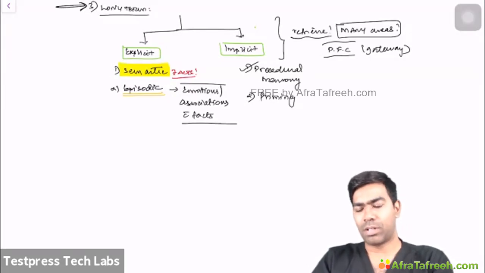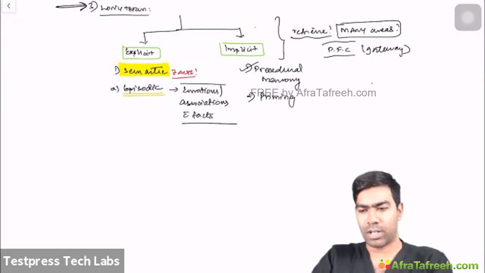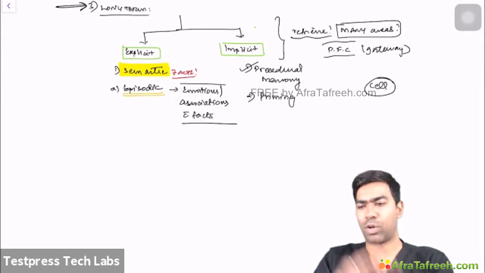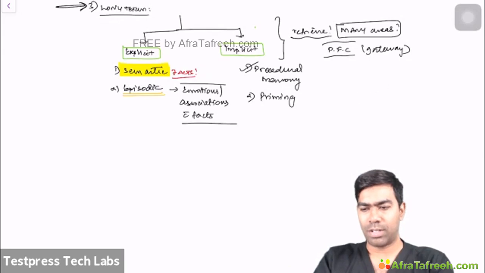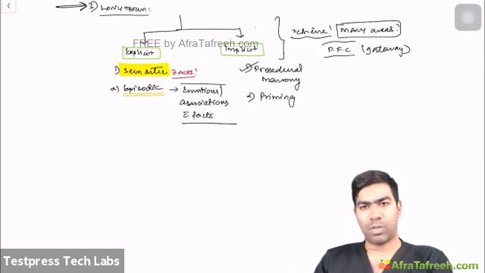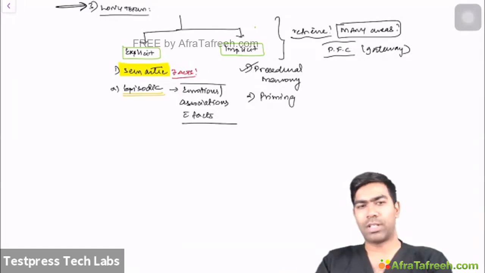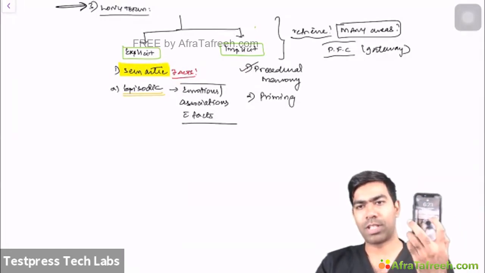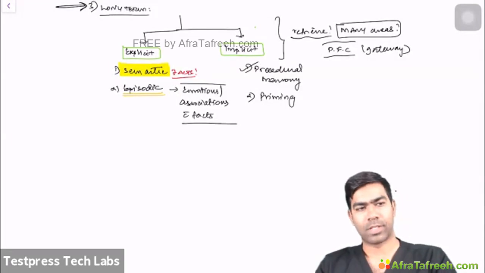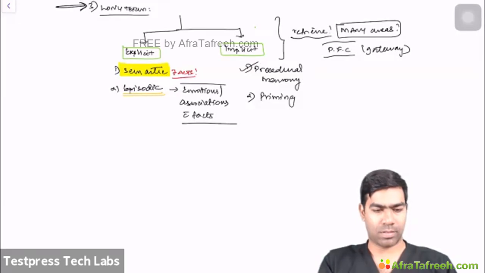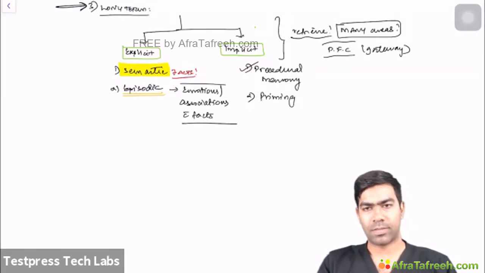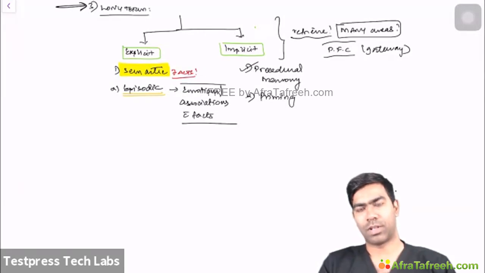Priming. For example, if I tell the word cell. So I told the word cell. A lot of people would have thought something. So suddenly I told cell. How many of you have thought about the cell phone?